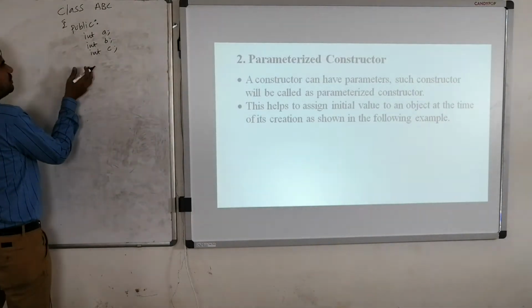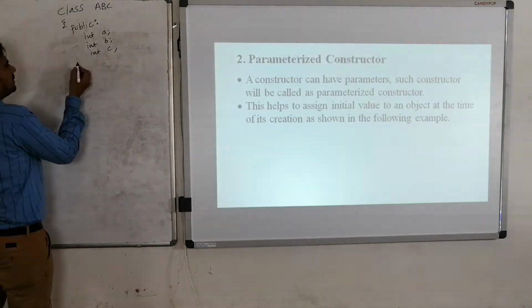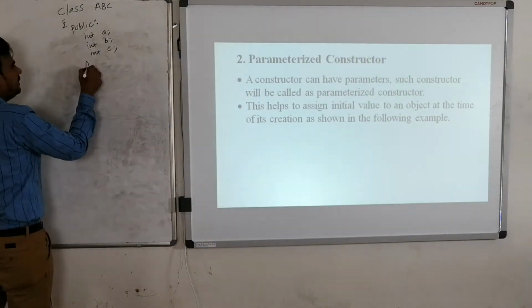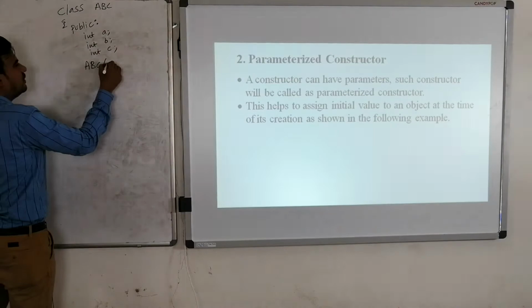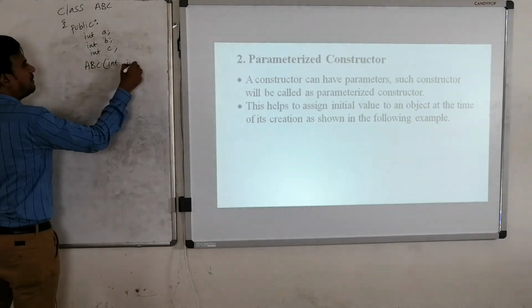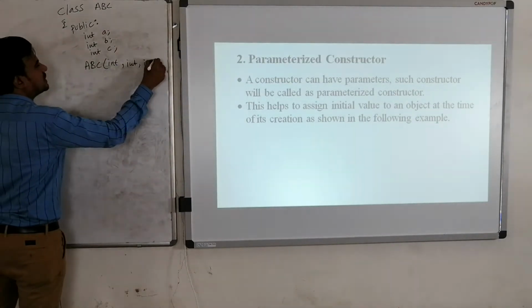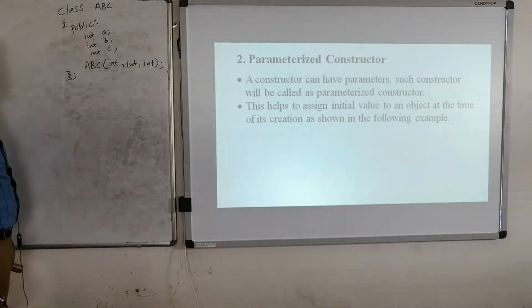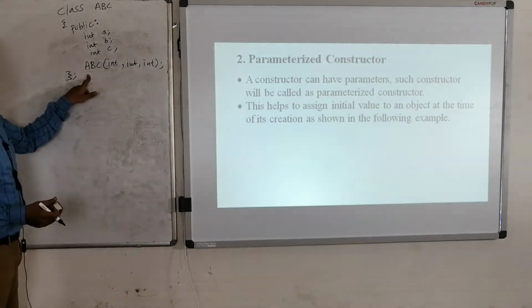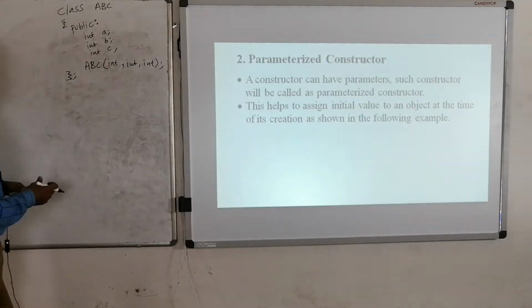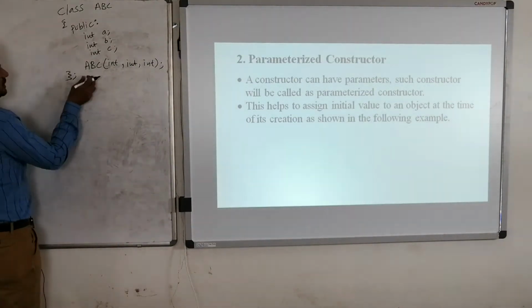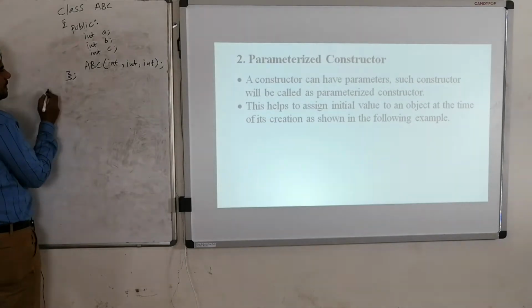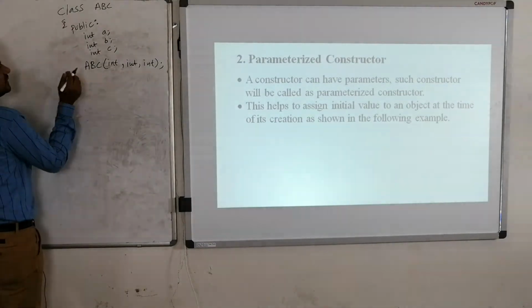Now I have to write one parameterized constructor here, the same ABC of, with three parameters of type integer. Put it like this and close the class. This is my parameterized constructor. Now I have to write the definition for this ABC.